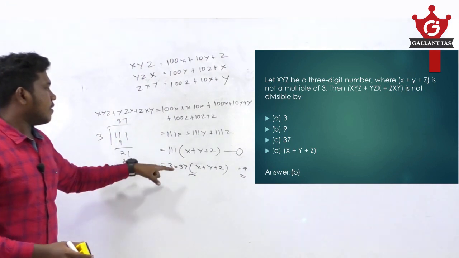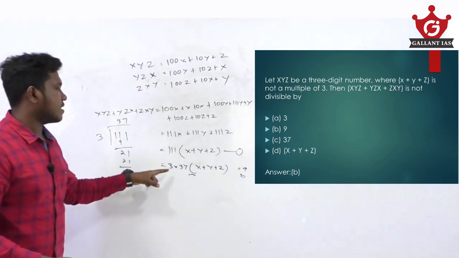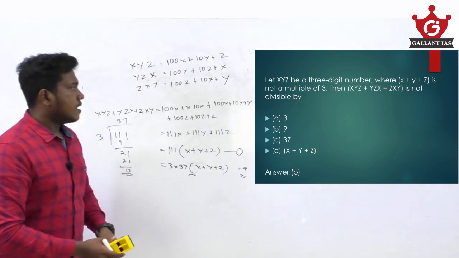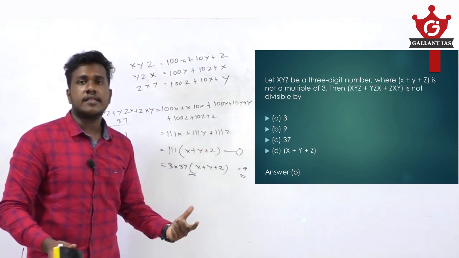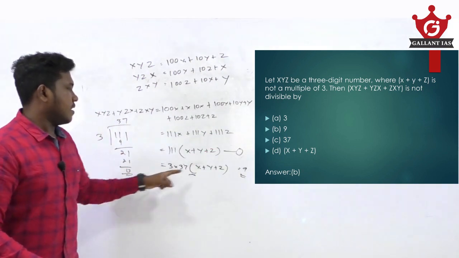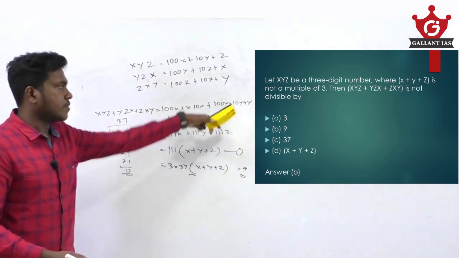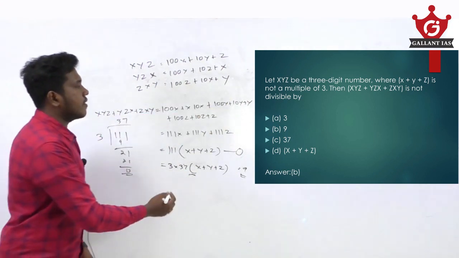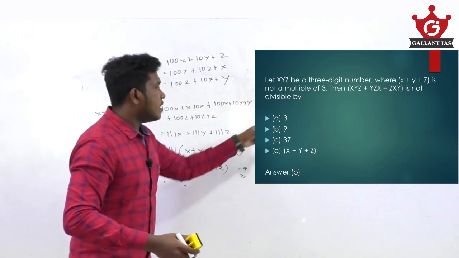And now when you factorize 111, you will be getting 3 into 37. In the options, option A as well as option C are 3 and 37. That means the final answer is divisible by 3 as well as 37. So you can eliminate options A and C, and your answer will be 9. So option B will be your answer.